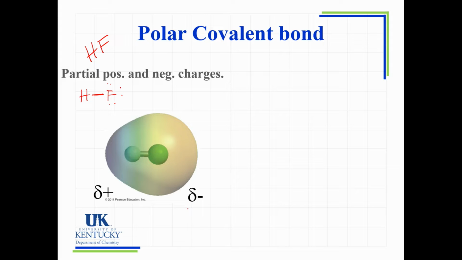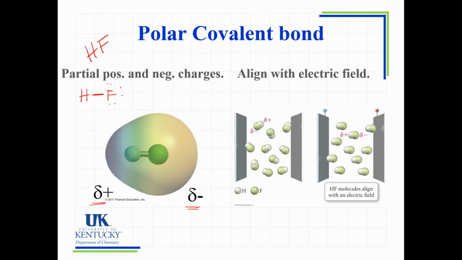Those electrons are not being shared equally and are spending more time at fluorine's house, and so that is what we call a partial negative charge. The hydrogen is being left a little bit high and dry, not getting to share those two electrons equally, and has a partial positive charge. We know this happens because when you put these molecules into a magnetic or an electric field and turn it on, all the molecules align with the polar plates.